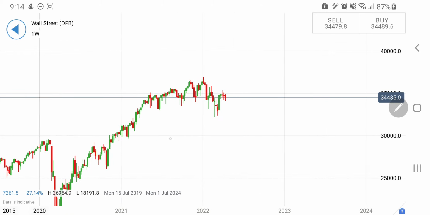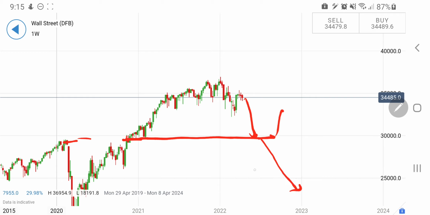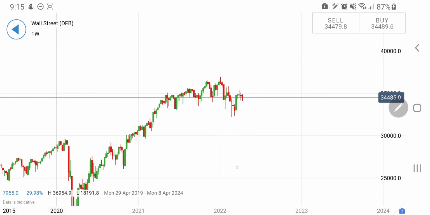This is the zone which it has to cover. See, this was the rise, and after this the rally has been covered. Now it has to come back and strike this zone at 30,000 levels. So it will try to come back between 28,000 to 30,000 levels sooner or later, and then from there we'll see how it behaves. Maybe every building has to come back, but still I will not be making it more bearish.